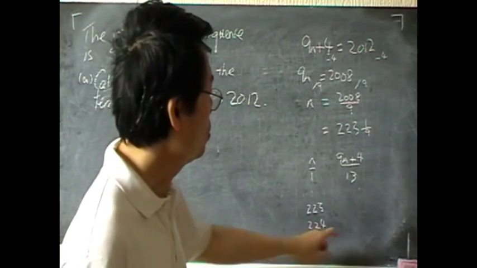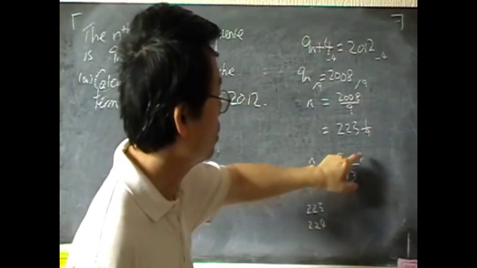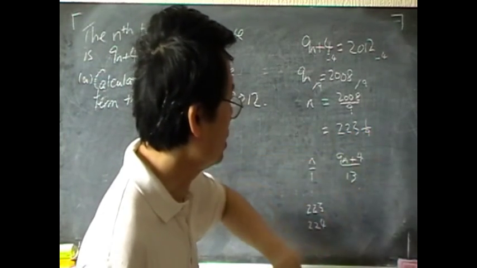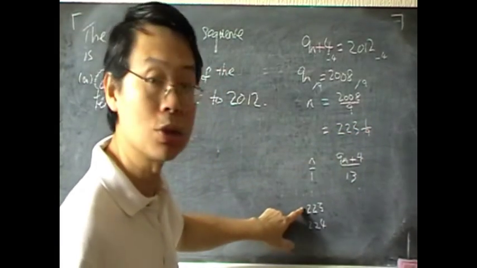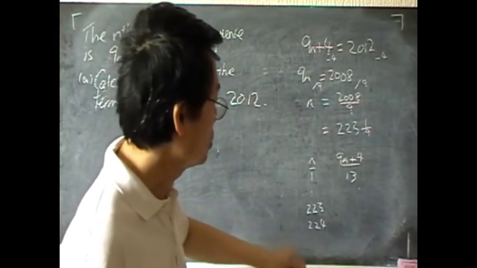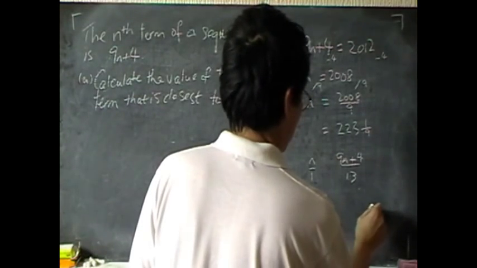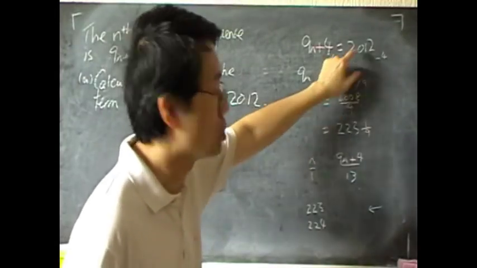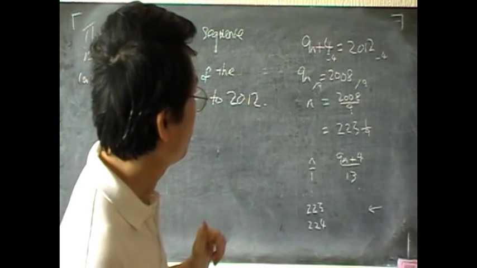And we want to know which of these terms is the closest to this. Now we can already guess that because it's 1 over 9, 223 and 1/9 is closer to 223. So this is the term that should be the closest to 2012. So let's find this term.